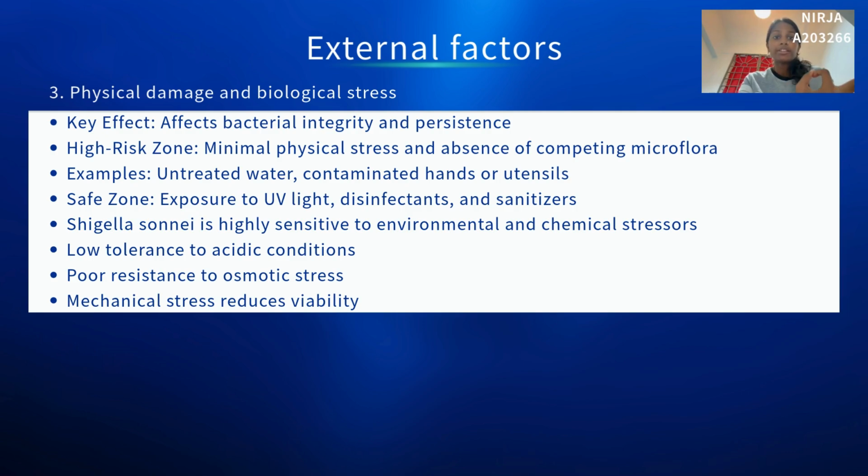So the third factor that we are going to be discussing is physical damage and biological stress. So the key effect is affecting bacterial integrity and persistence. So the high risk zone is minimal physical stress and absence of competing microflora in a normal gut, for example, untreated water, contaminated hands or utensils. And the safe zone is exposure to UV light, disinfectants and sanitizers.